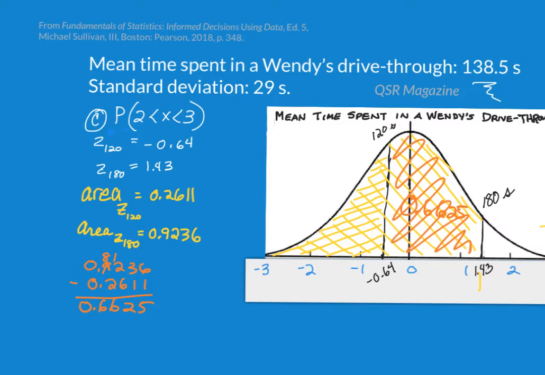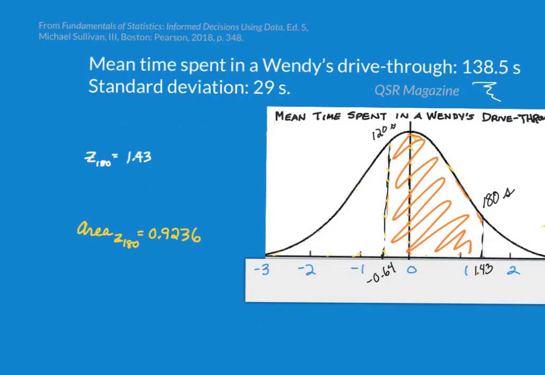The area below the larger z-score minus the area below the smaller z-score gives us the area between them. So the proportion of cars that spend between 2 and 3 minutes in the Wendy's drive-thru is 66.25%. And as an added bonus, if you want to interpret that proportion, you could say that out of 100 cars, about 66 of them will wait or spend 2 to 3 minutes in the Wendy's drive-thru.